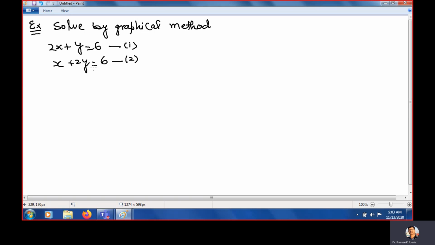Clear? So how do we find the solution by the graphical method?